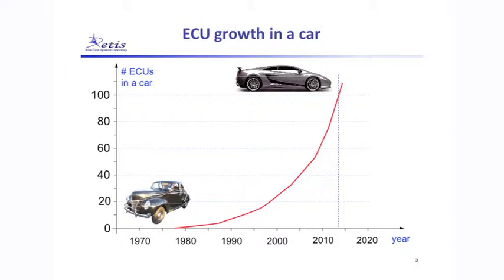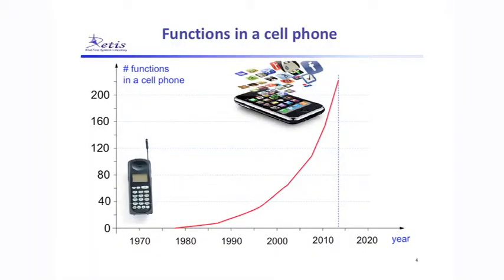The number of processors in a car grew exponentially, and today there are more than 100 processors in the most advanced cars. The same thing happens in small devices like a cell phone: the same exponential growth, and the number of functions also increased exponentially. And this trend is going to increase in the future.